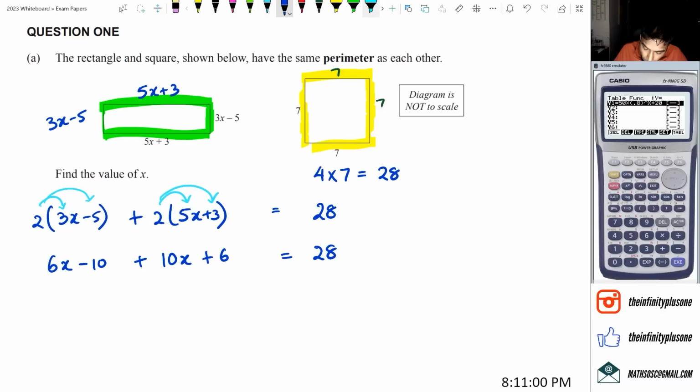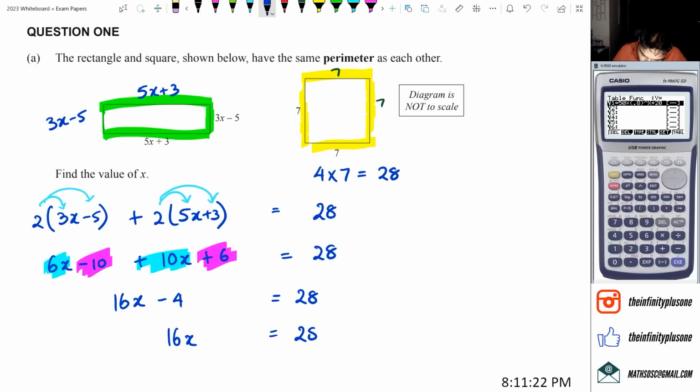Now, at this point, we're going to collect our like terms. So we've got 6x and 10x, which equals 16x. We have minus 10 and positive 6, which equals negative 4. And this is all equal to 28. So we have 16x minus 4 equals 28.